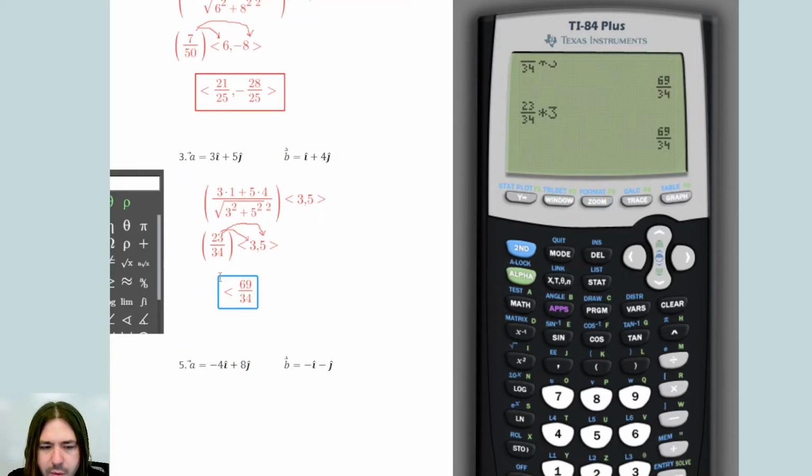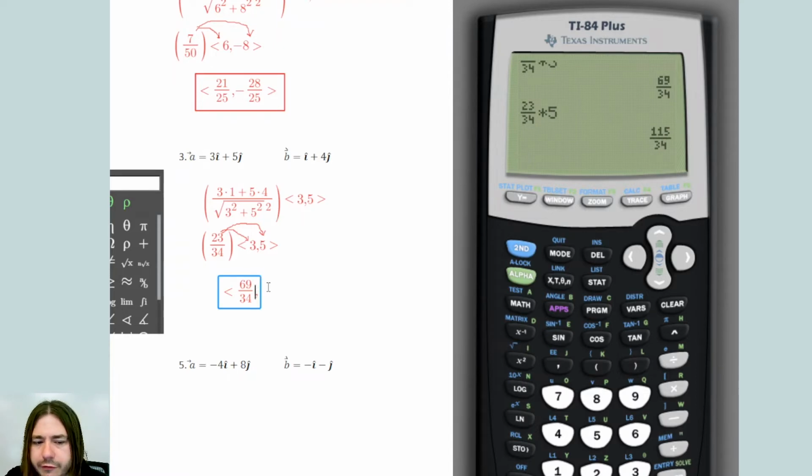And then our vertical component would be 23 over 34 times 5.